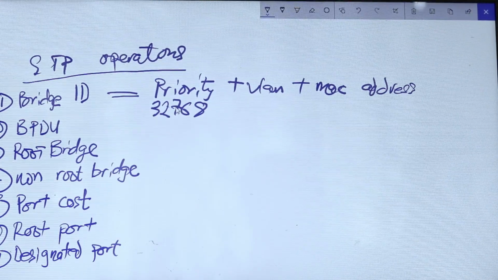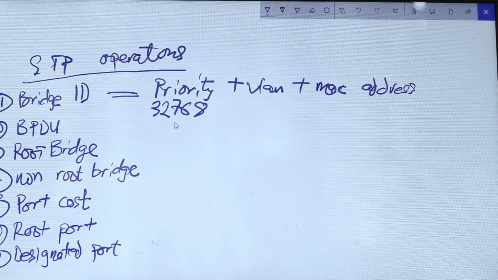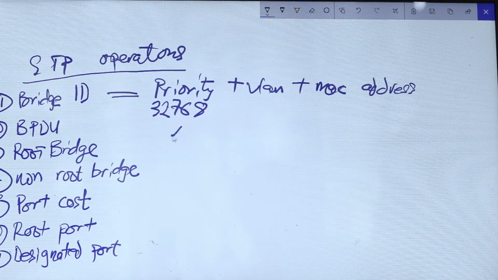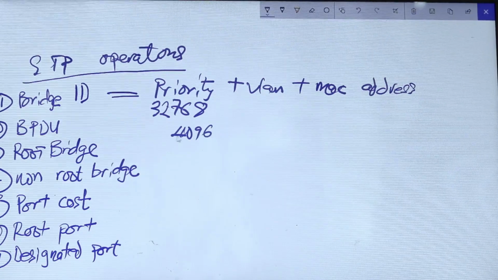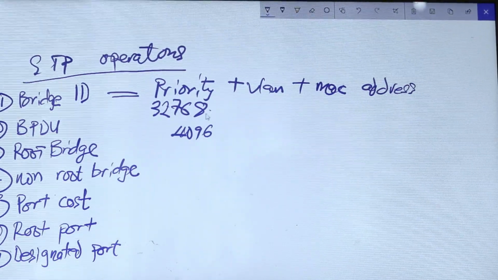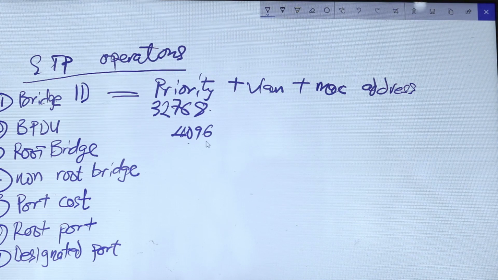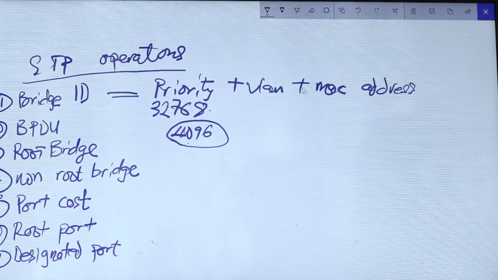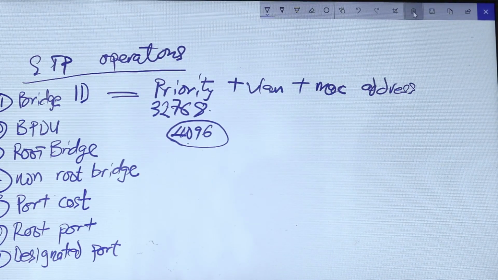But this number can be changed, it can be altered. It can either be increased or reduced. Not just by any number, but by 4096. So if you want to reduce this default value, you have to subtract 4096 or factors of 4096. You can't just reduce it by 2 or 5 or 10. No, it has to be this value. If you want to increase it too, it has to be this value. That's how you can increase the priority. We'll see how to configure the priority of every switch.